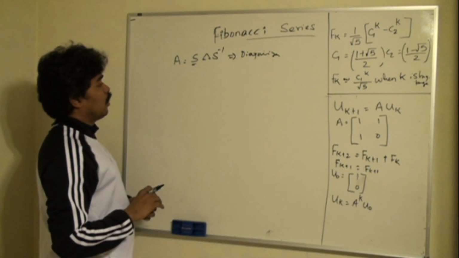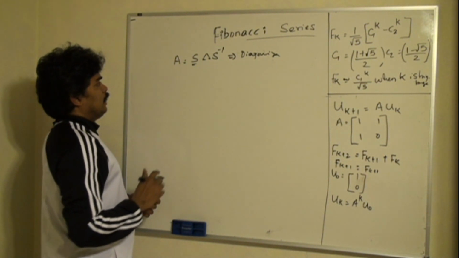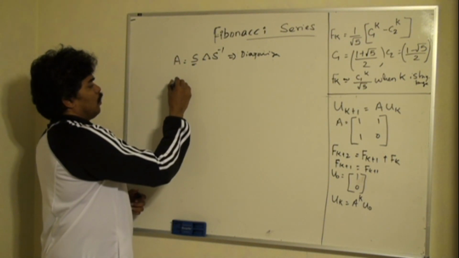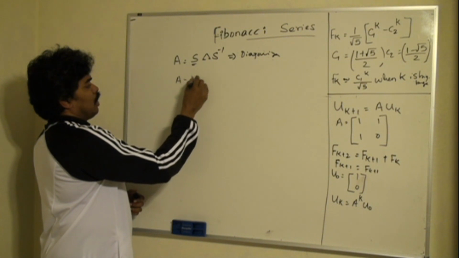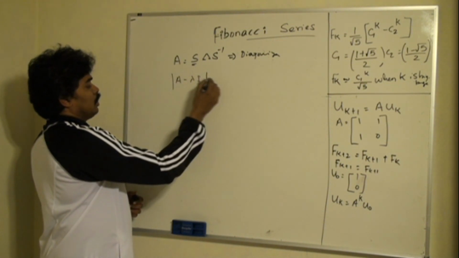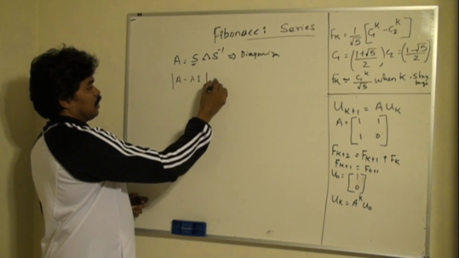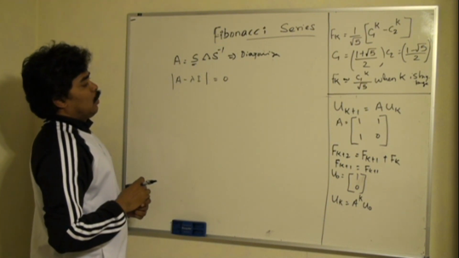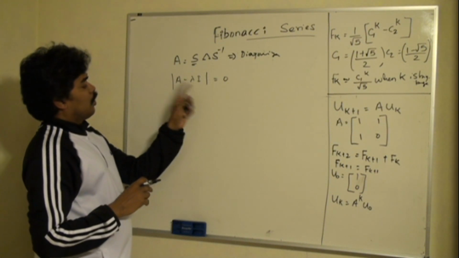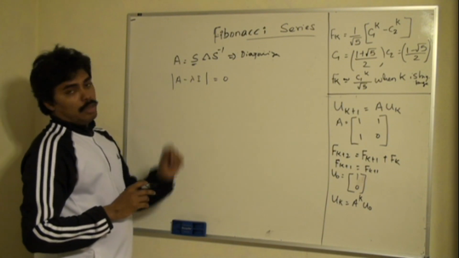So I have to tell what is eigenvalue and eigenvector, right? So A minus lambda I. You can take the determinant of that and equate that to 0. Then it will create a characteristic polynomial.